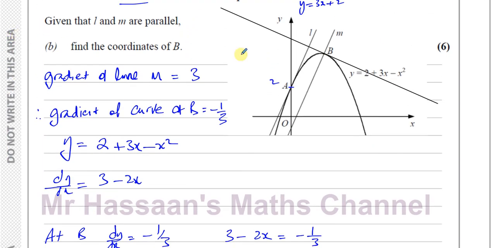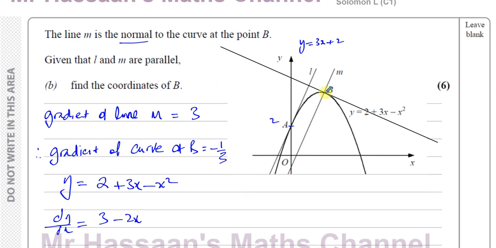Okay, so we found that the normal to the curve at B must have a gradient which is perpendicular to the gradient of the tangent, because it tells us it's the normal to the curve and it's parallel to the line L. So if parallel to the line L, it's going to be perpendicular to the tangent at B. And the tangent at B is the gradient of the curve at B. The normal to a curve has a gradient at that point which is perpendicular to the gradient of the curve.